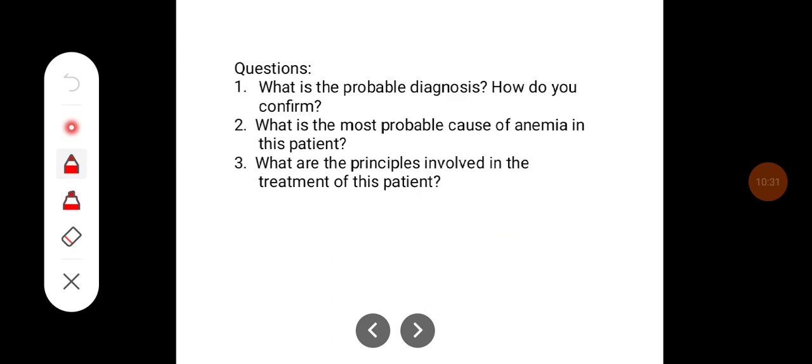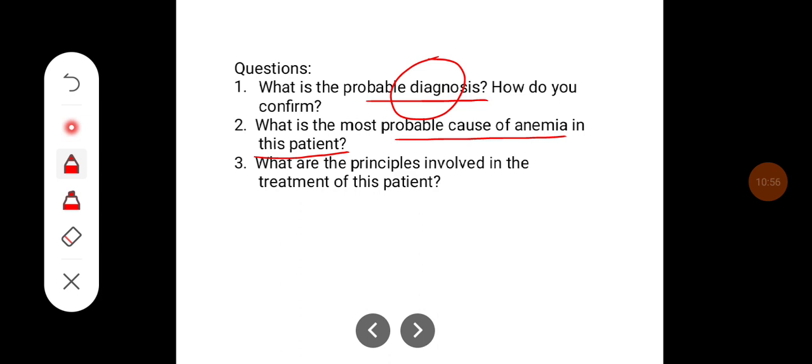the hemolytic disorder, and the person is receiving frequent transfusion, and the most common cause where frequent transfusion is required is thalassemias, and the probable diagnosis will be the beta thalassemia, which is a more common thalassemia. What is the most probable cause of anemia in this patient?